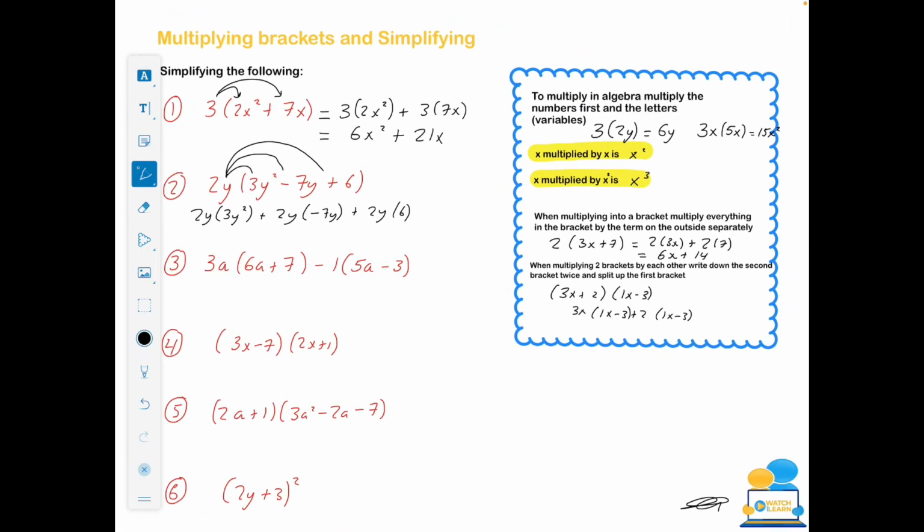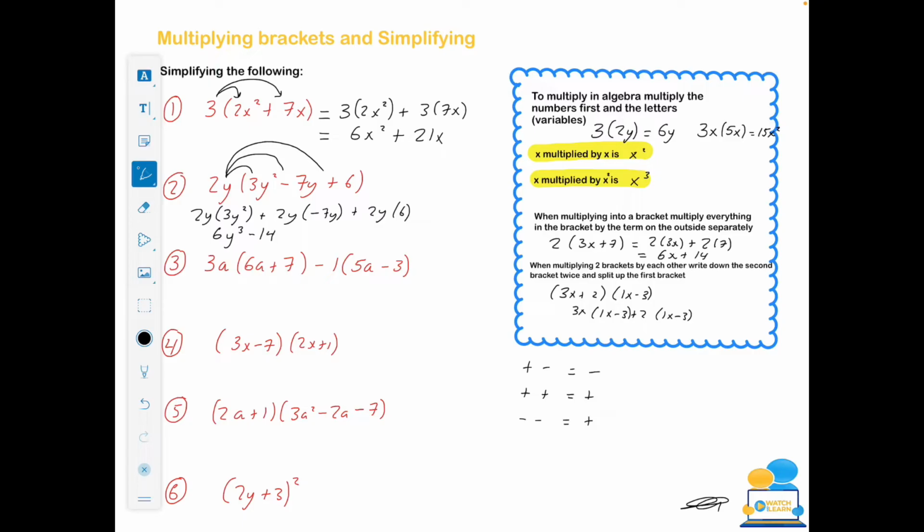So here we're going back to our key rules on the right. To multiply 2y by 3y squared, we're going to multiply the numbers first. 2 multiplied by 3 will give me 6, and y multiplied by y squared will give me y cubed. Next we have 2y multiplied by minus 7y. 2 by minus 7 is minus 14. Why? Because a positive multiplied by a negative is a negative.